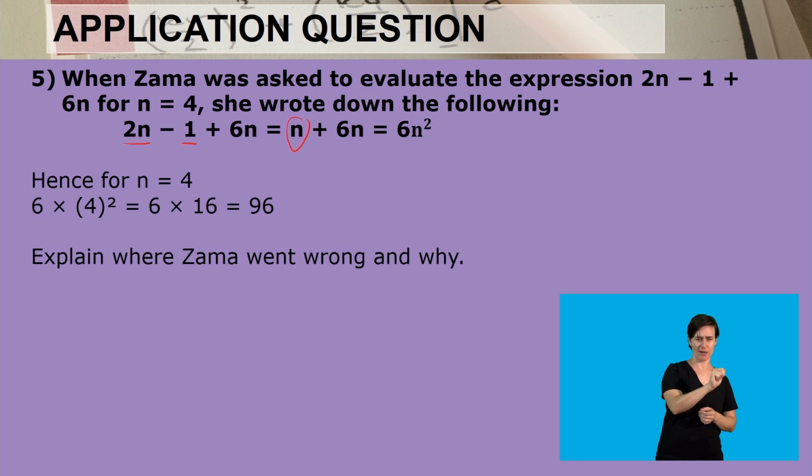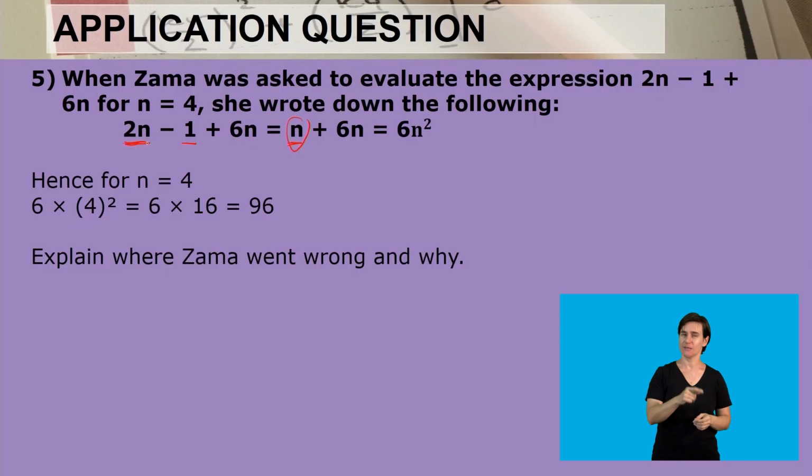Those two are not like terms. So she subtracted 1 from 2n and remained with n as the answer, and that's where she went wrong, because those two are not like terms. Instead, she should have added 2n and 6n, because those are like terms.